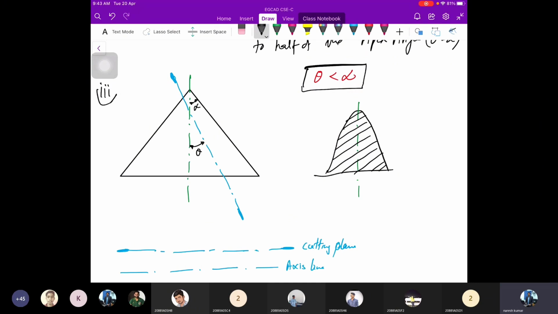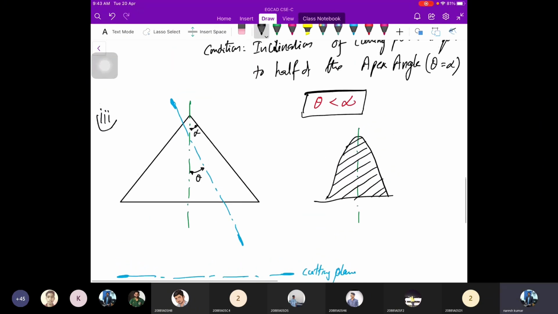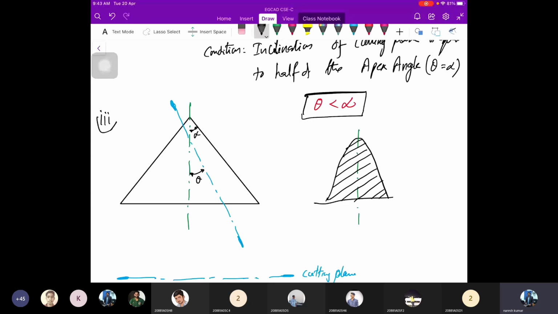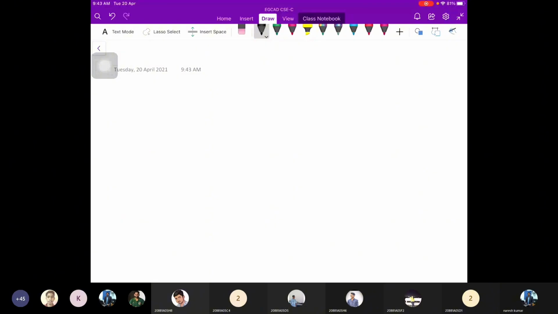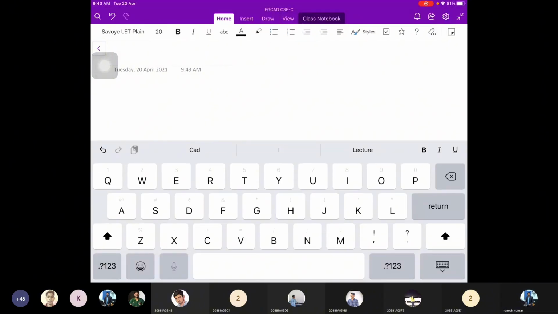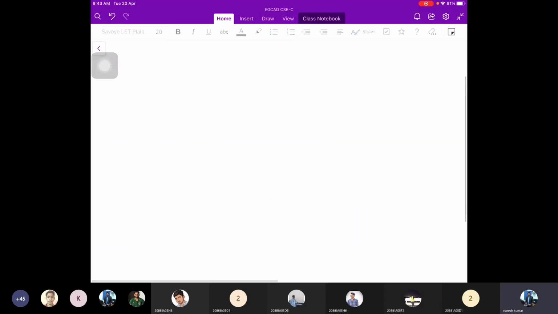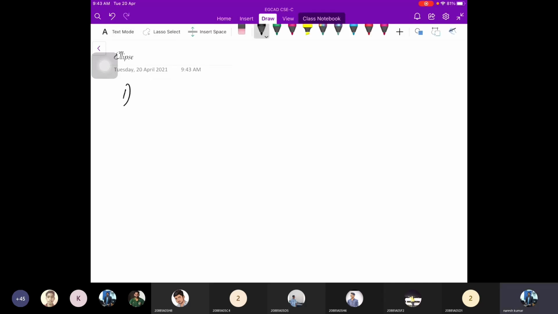So this is the background of the conic sections, and now we'll see the first one, construction of an ellipse. An ellipse can be constructed using many methods. The first one is the eccentricity method, and another name for the eccentricity method is the general method.